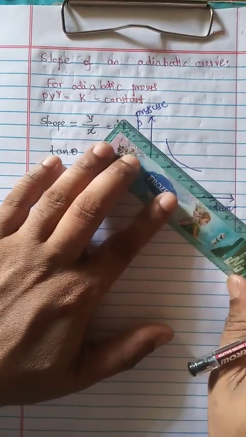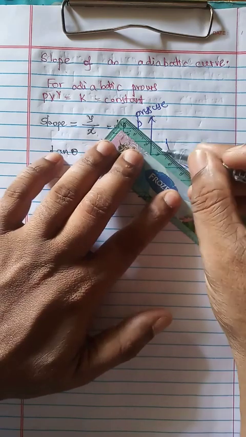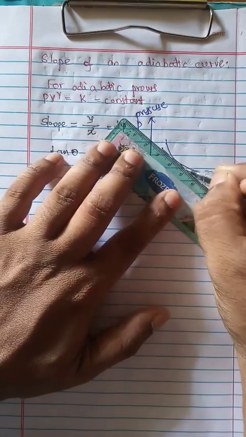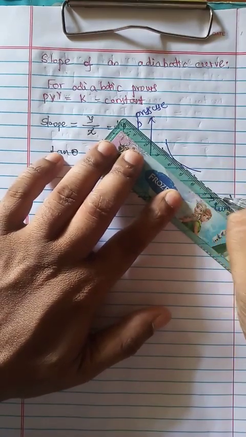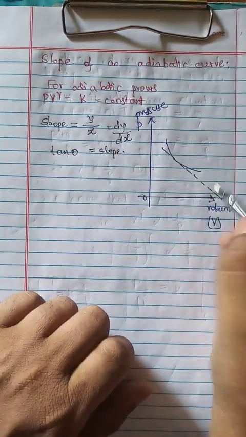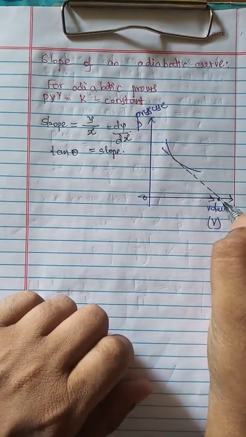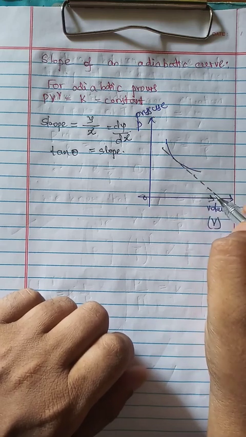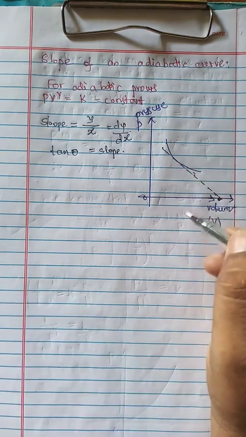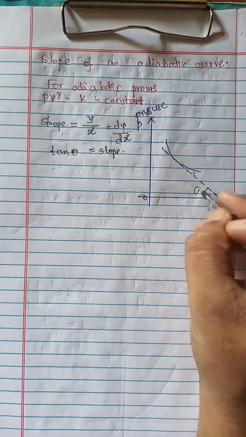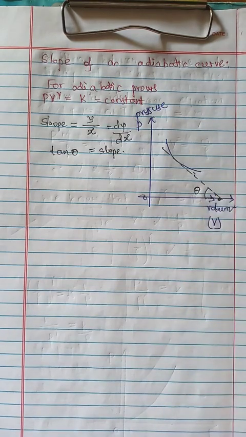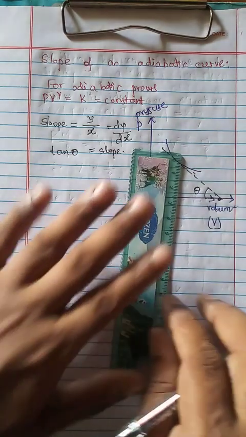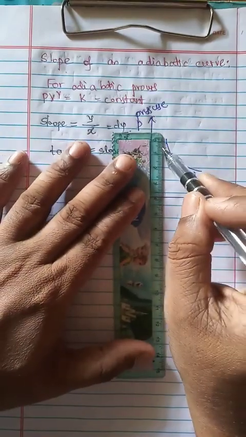Now I will draw a tangent like that. That tangent meets the volume axis at a particular point. I will take the angle made by the tangent drawn to the curve, let it be theta. My duty is to find the value of tan theta.